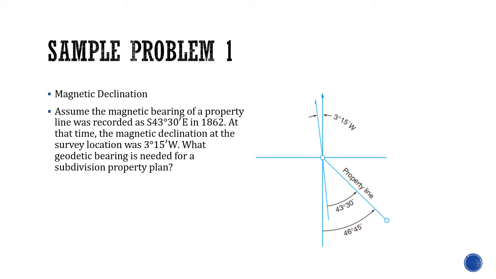Assume the magnetic bearing of a property line was recorded as south 43 degrees 30 minutes in 1862. So this is 100 years plus ago. Okay, so we have to correct this, di ba?